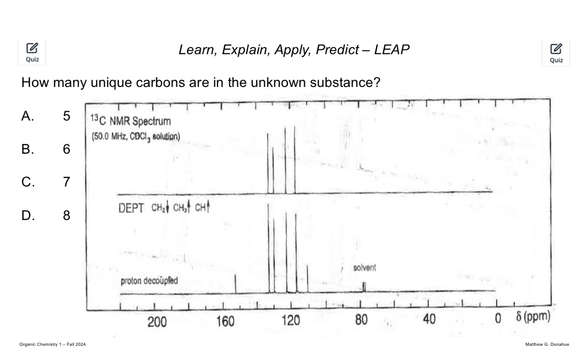So this is the other way you could do that, is you just count the unique number of carbons. So here's the carbon NMR. We ignore the solvent. We can count 1, 2, 3, 4, 5, 6. There's 6 unique carbons.